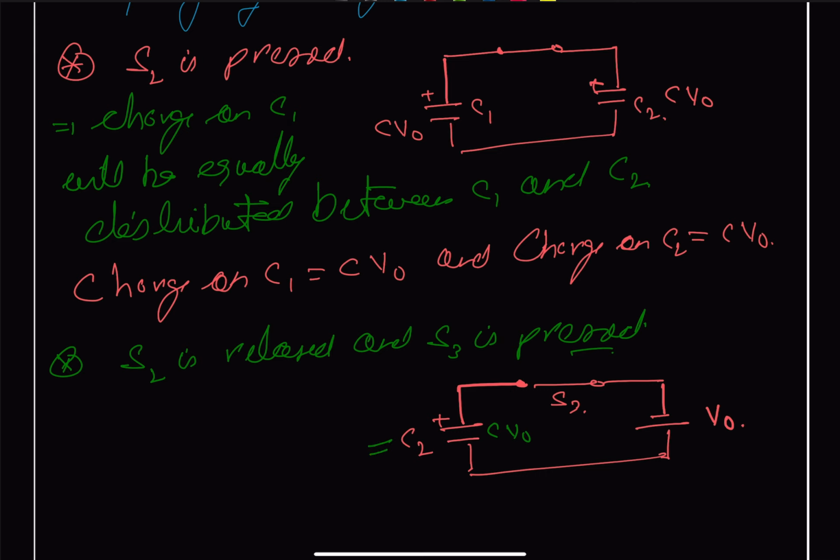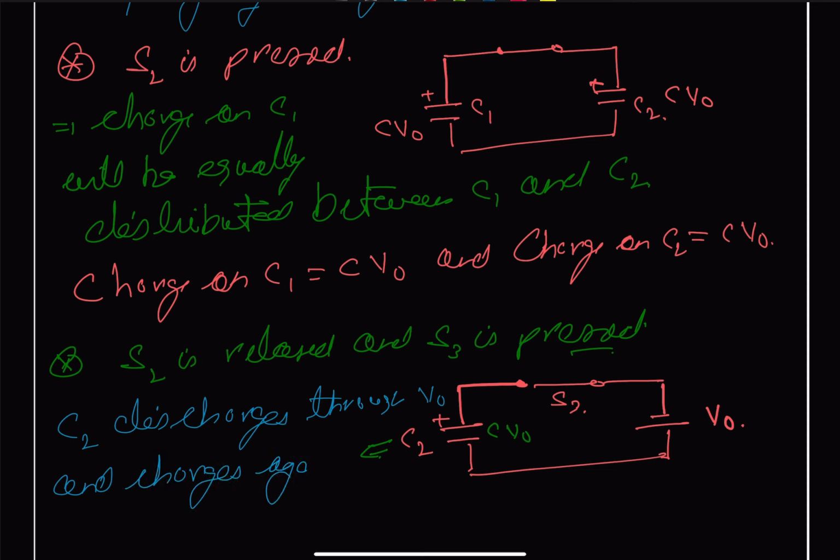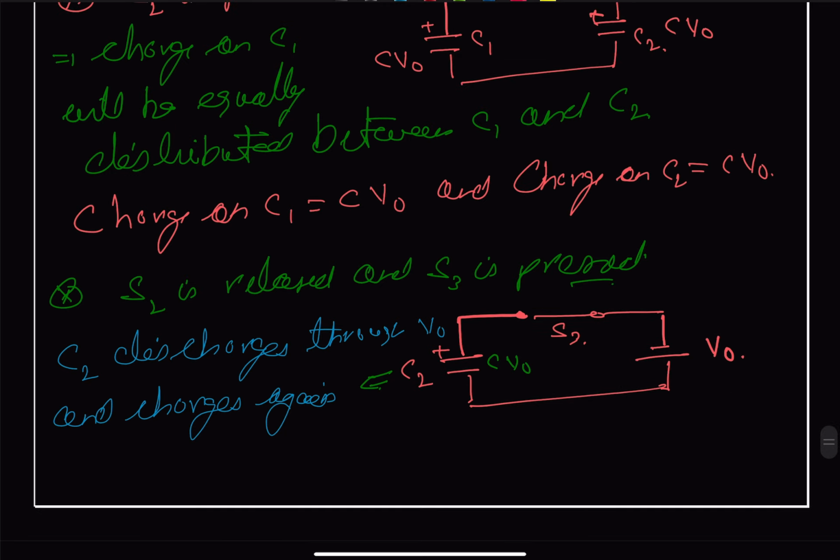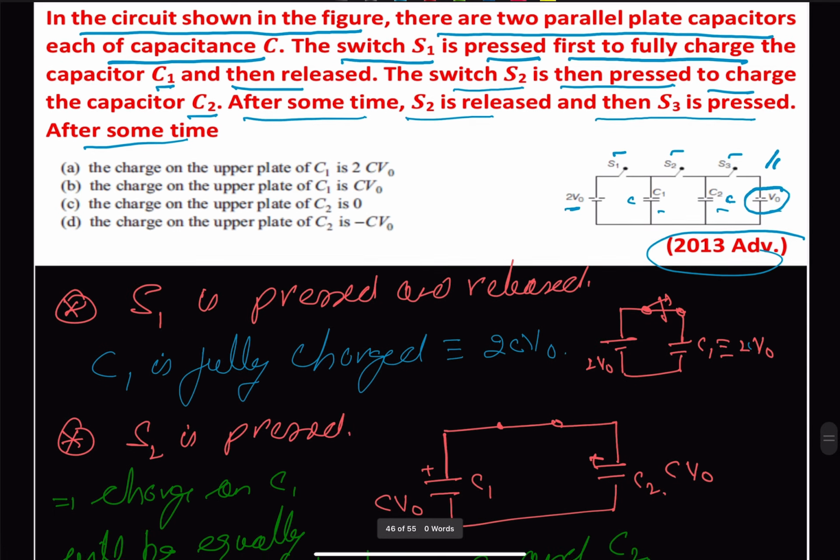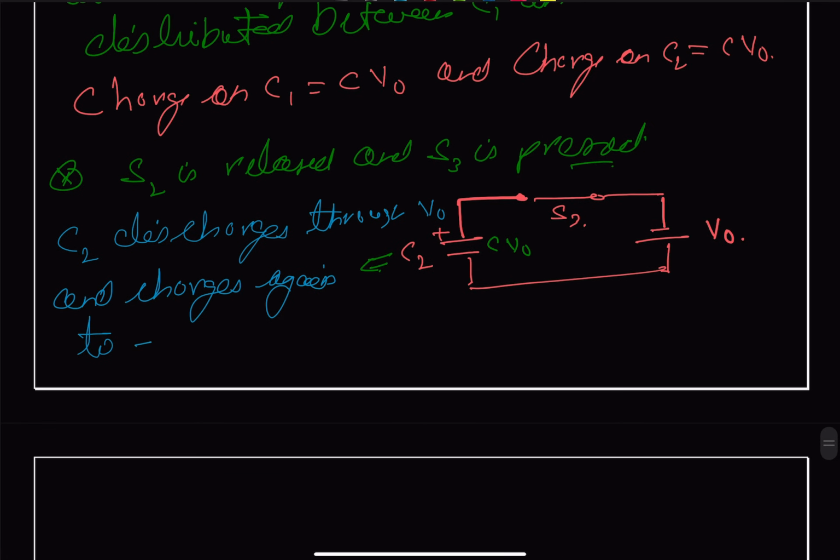So we can say that C2 discharges through V0 and charges again to minus CV0.